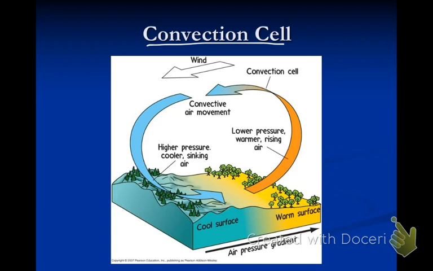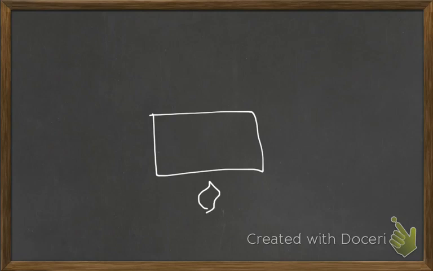Remember from last time that a convection cell is kind of like water boiling. If we put water in a pot and we put it on the stove, so there's a little fire going on underneath it, then remember the water gets hot down here in this area first. Once it gets hot, that water is going to rise, but then the air up here is cool, and so it cools off the temperature.